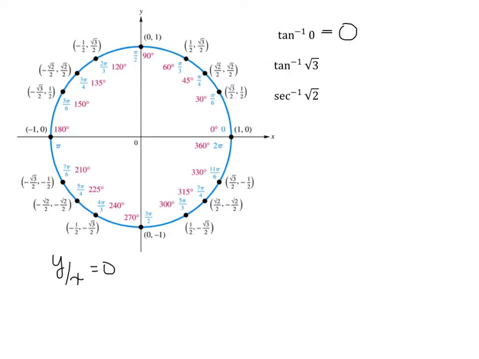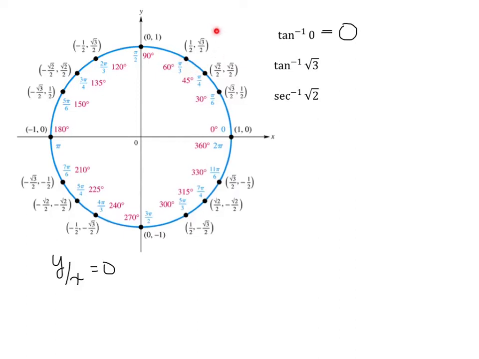Let's take a look at the next one, the inverse tangent of square root of 3. Again, I need to look from negative pi over 2 to pi over 2. Now, if I remember that I've got y over x, I want square root of 3 to be in my numerator. So I'm going to pick the values where square root of 3 would end up being in the numerator. I also notice that this is positive, so I probably don't want the one where square root of 3 is negative.